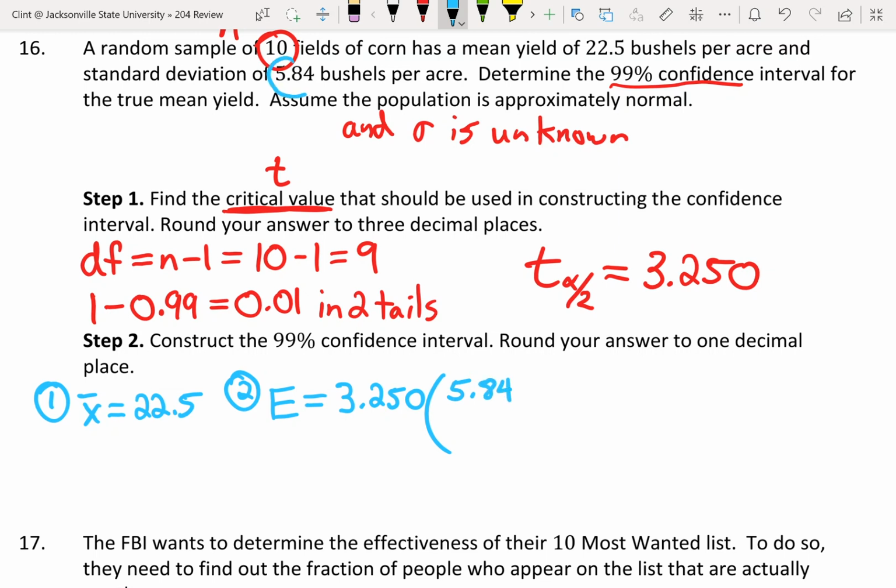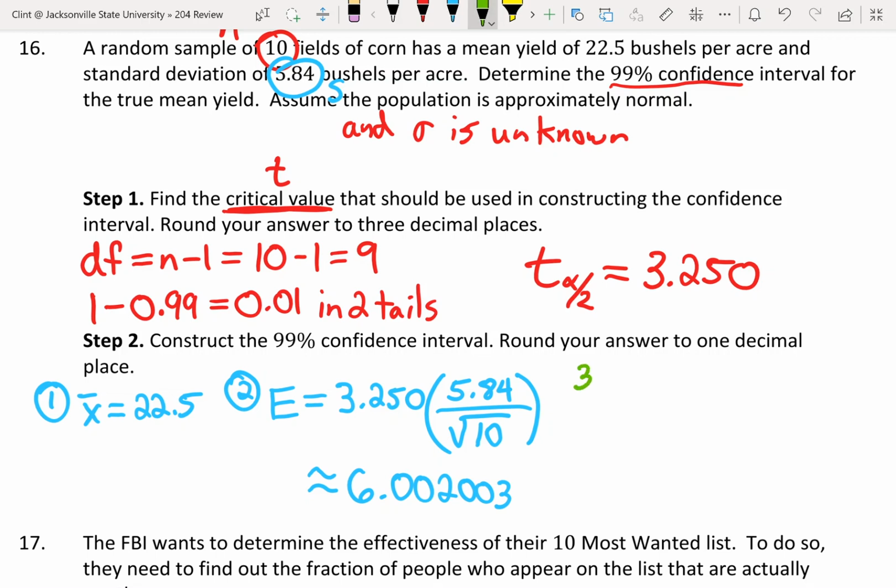That's S. And then divide by the square root of the sample size, so square root of 10. Let's see what we get there. So there I get 6.002003. Basically 6. It's not going to throw us off too much.